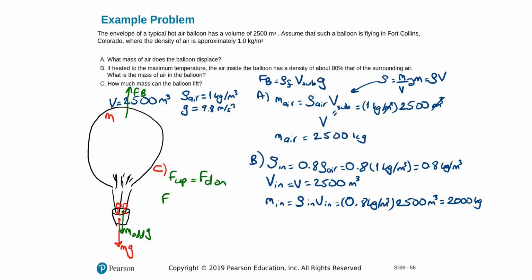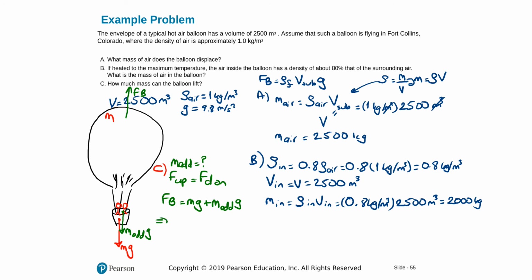I'm going to say F buoyancy is equal to m g of the balloon plus added mass times g. And that's the idea. The question is asking what mass I can add to the balloon. If I add too much, it will go down, so I don't want to do that. I want to calculate how much mass I can add.